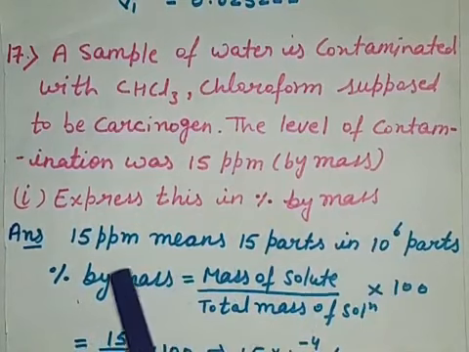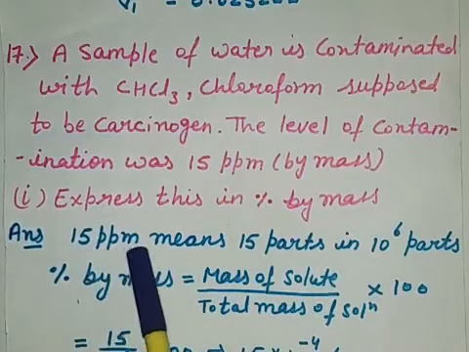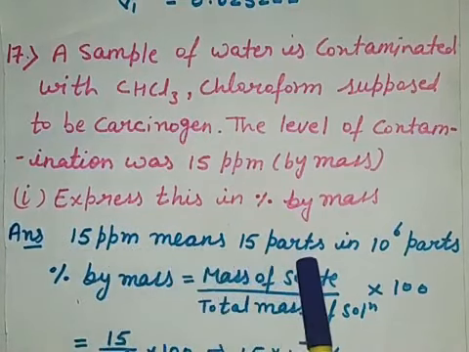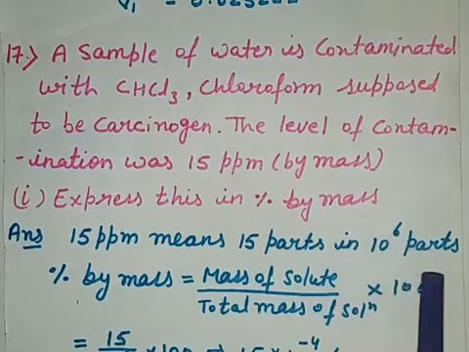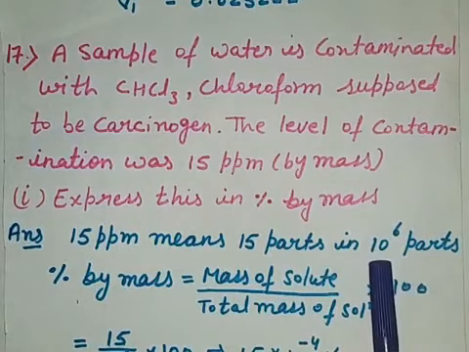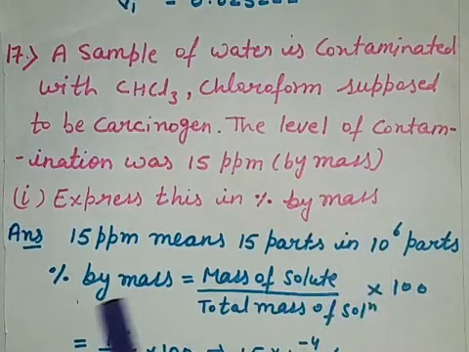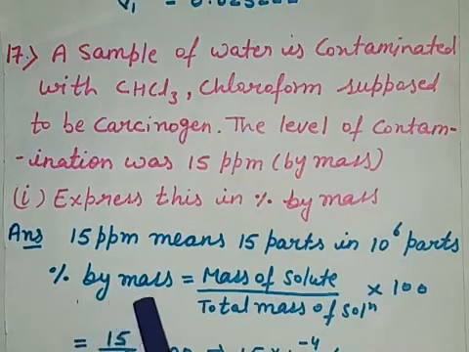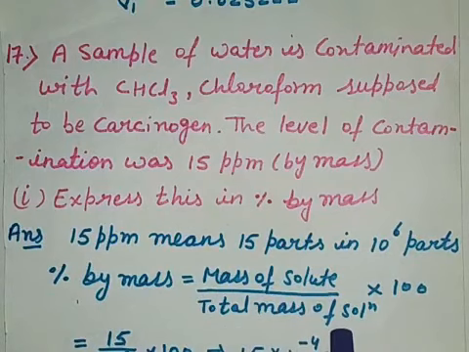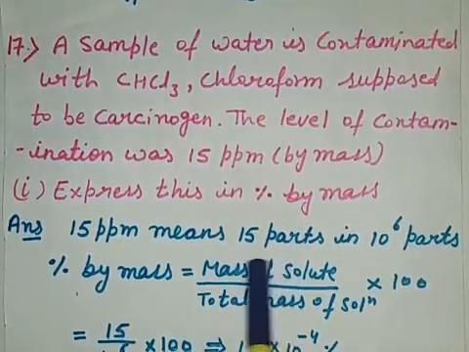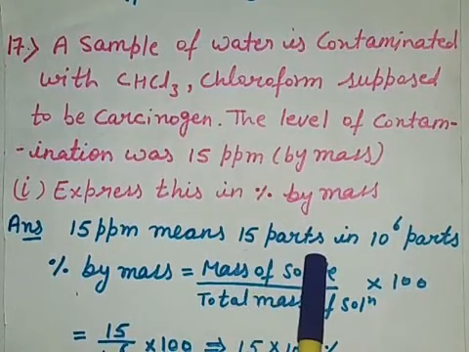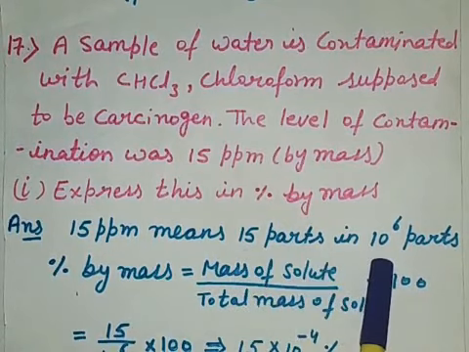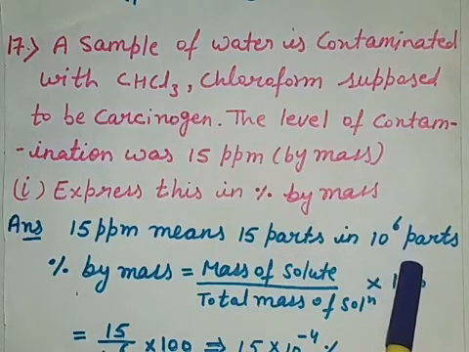So as you can see here, 15 ppm means 15 parts in 10 to the power 6 parts, that means 1 million. So the formula to find percent by mass is mass of solute divided by total mass of solution into 100. Now mass of solute is 15, because 15 parts of chloroform is present in 10 to the power 6 parts of water.